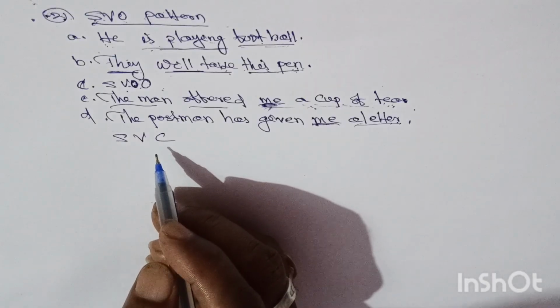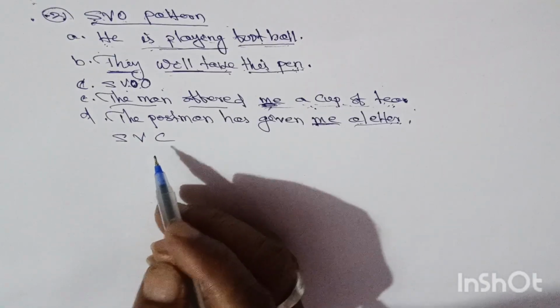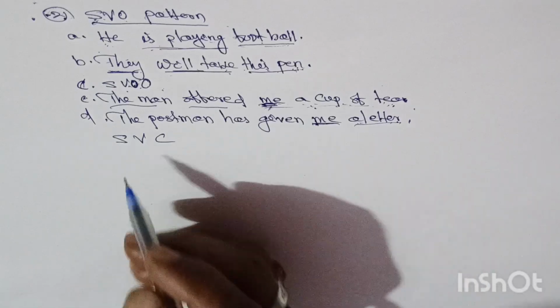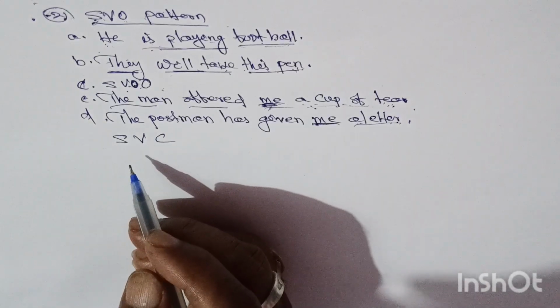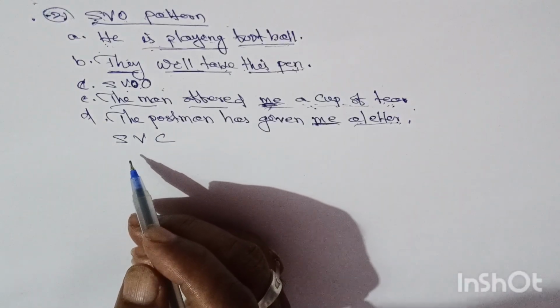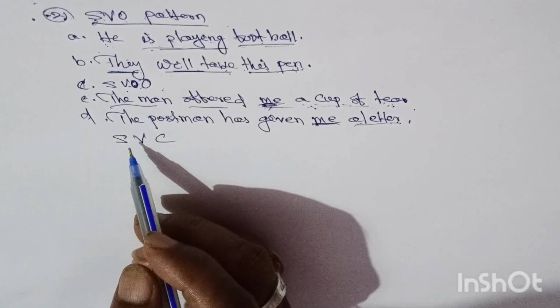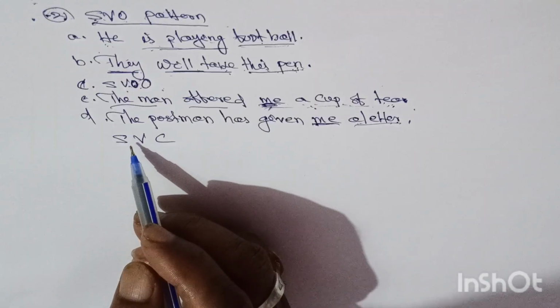A complement is a word or a group of words that is used to complete the predicate part of the sentence. That is called a complement, which completes the sentence.